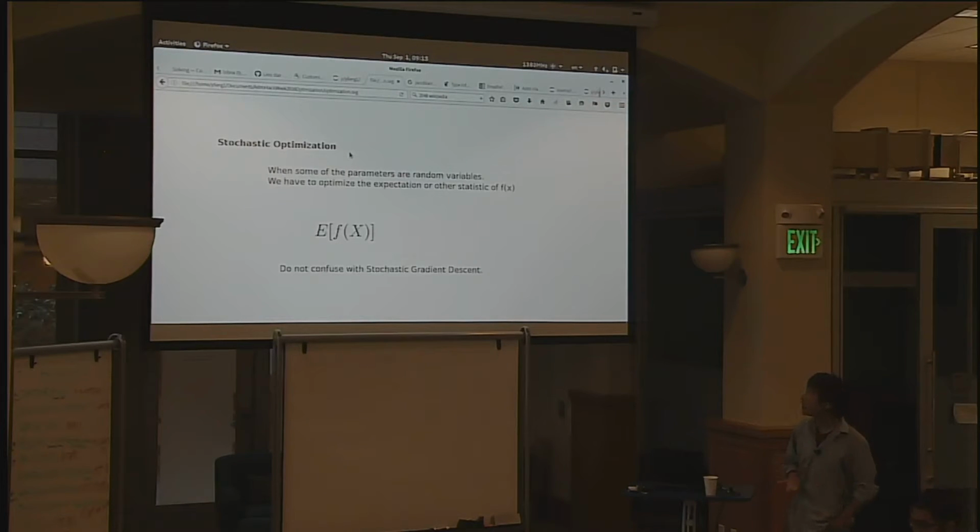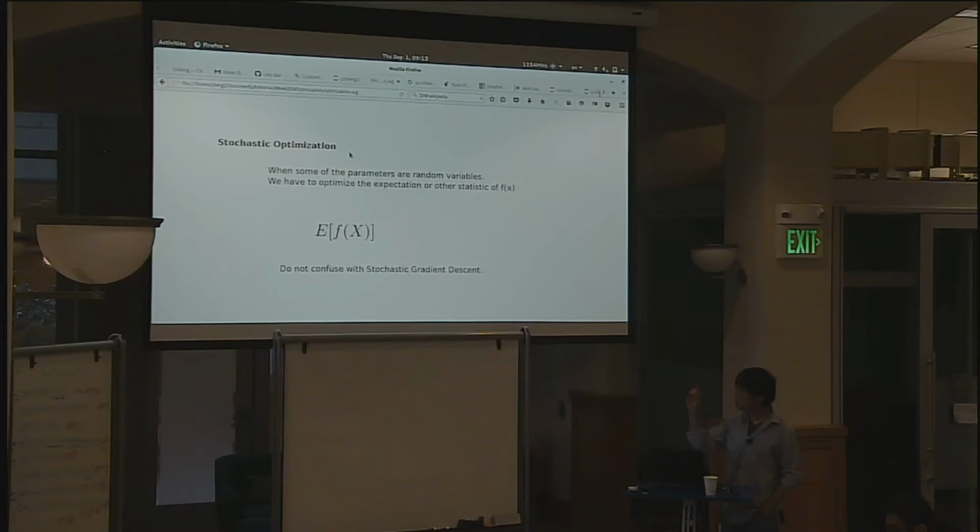What I want to say is that this is different from stochastic gradient descent. The problem in stochastic optimization is stochastic, but stochastic gradient descent is an algorithm that uses some randomness to help us find the solution quicker. So we have stochastic problems, and we also have stochastic algorithms. They are different.